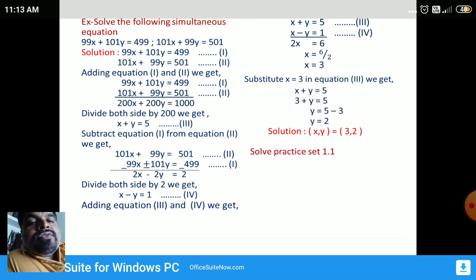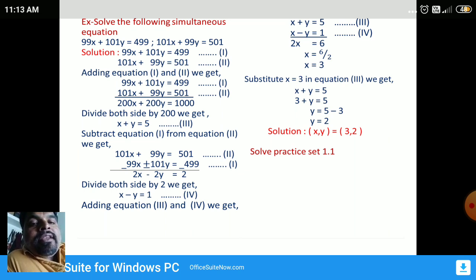Now observe these two equations. If you solve these two equations by equating coefficient, they are very complex. Now these two equations are solved by another method.